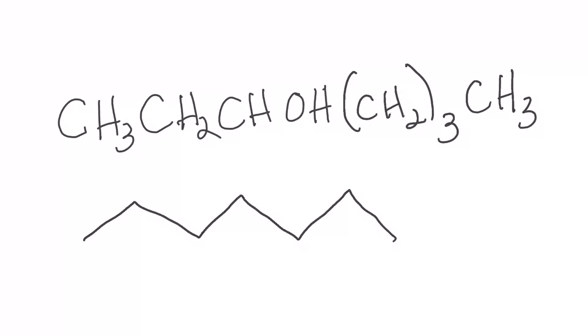Each point represents a carbon. So this is 1 carbon, 2 carbons, 3 carbons, 4, 5, 6, 7 carbons. And notice I'm not going to put the hydrogens in there at all. Organic chemists think you know how to put hydrogens there and know how many there should be, so they're not even going to put them in this very shortcut method of drawing.